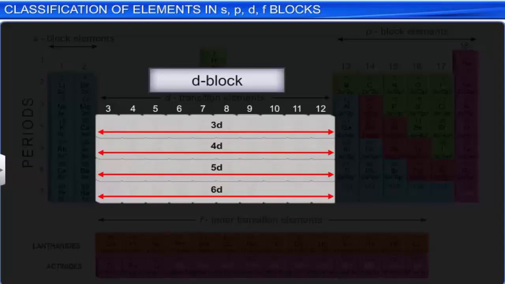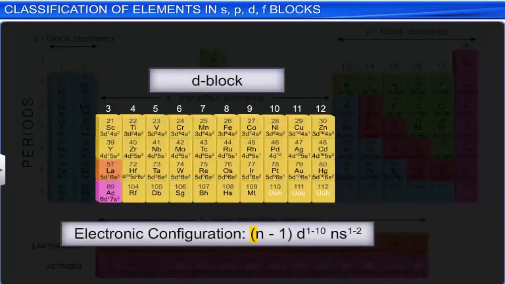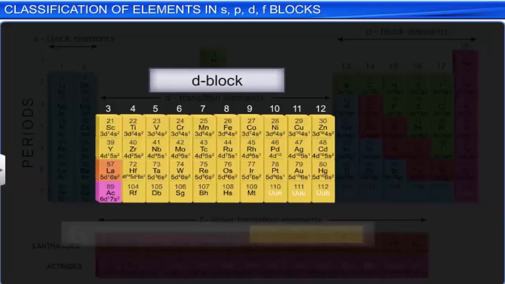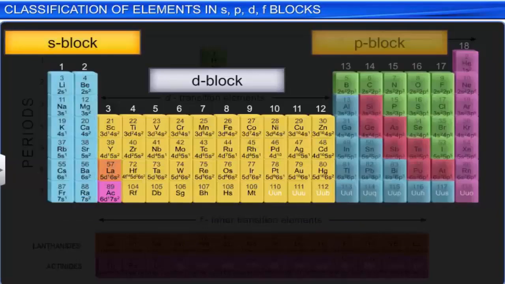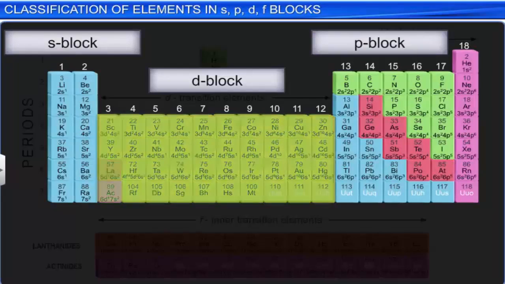These elements have an outermost electronic configuration of (n-1)d1-10 ns1-2. The d-block elements are placed between the s and p-block elements. They exhibit the transitional or intermediate behavior between the more active metals in S block and less active elements in the P block, and are hence called transition elements.